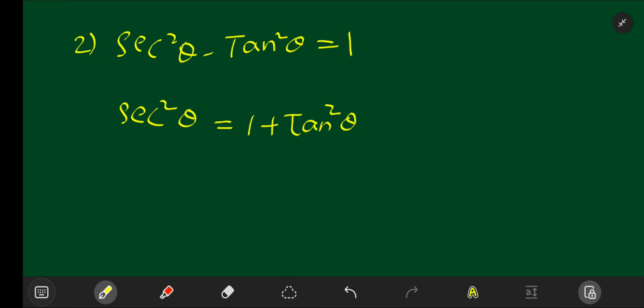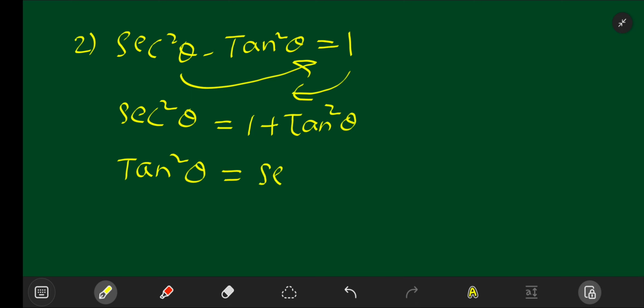When sec square theta is sent to the right hand side and 1 is sent to the left hand side, tan square theta is equal to sec square theta minus 1.